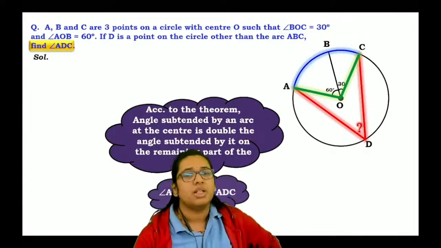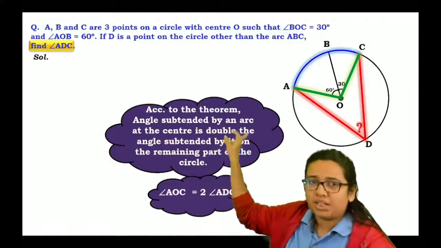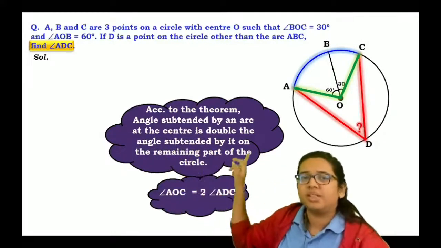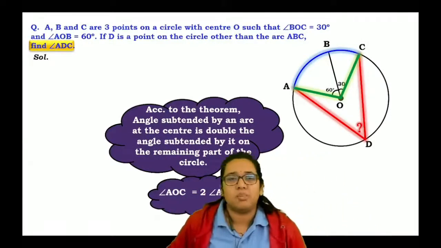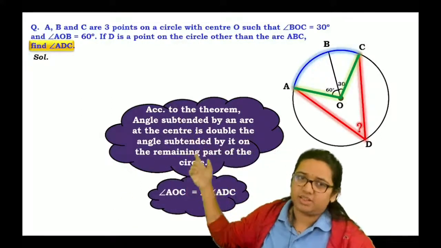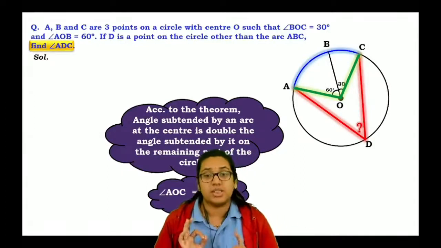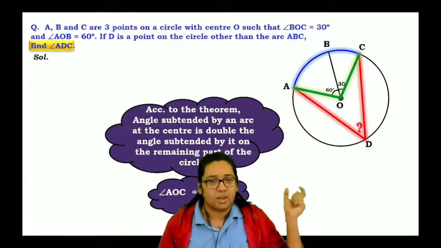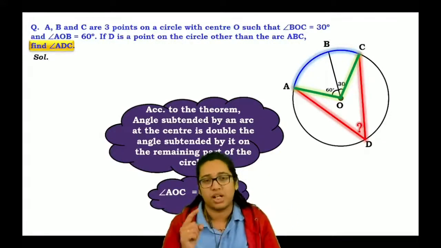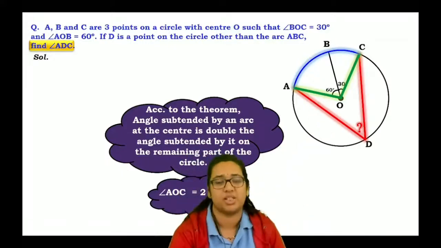We know that according to the theorem, angle subtended by an arc at the center is double the angle subtended by it on the remaining part of that circle. मतलब ये पूरा statement याद रखने के अलावा अगर आप सिर्फ ये assume करते हो तो भी clear हो जाएगा. समझना क्या है, देखो आपको arc आपका same रहेगा, so जो arc आपको दिखाई दे रहा है, just for that arc there should be 2 angles, जिसमें से एक वाला रहेगा आपका हमेशा central angle.